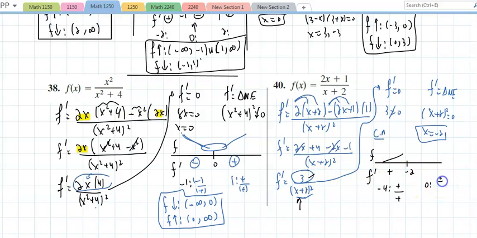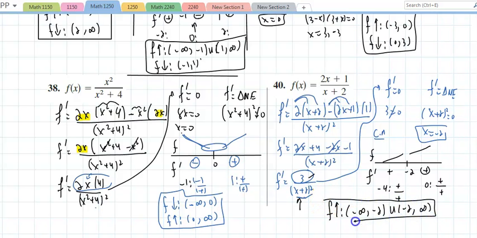The top is always positive 3. The bottom, 0 plus 2 is 2. Squared, that's a positive. So the function is still increasing. So f is increasing from negative infinity to negative 2, union with negative 2 to infinity. Something's happening at x equals negative 2. We'll figure that out in the sections to come.